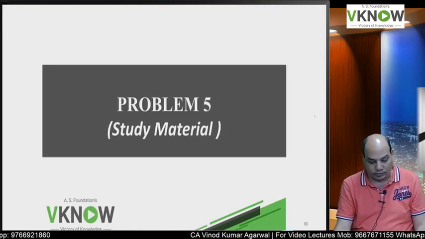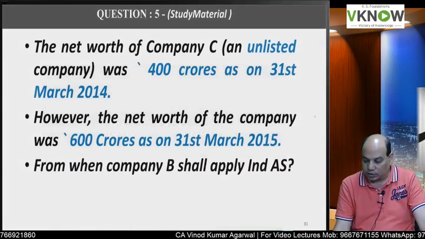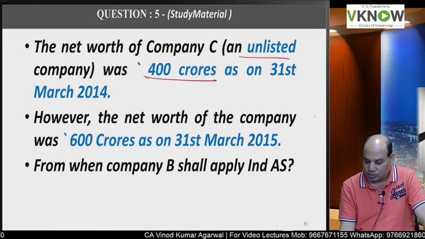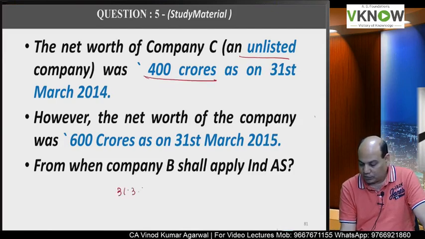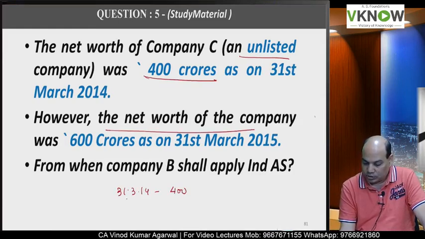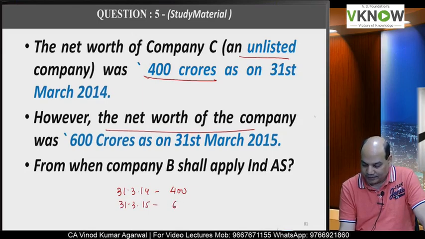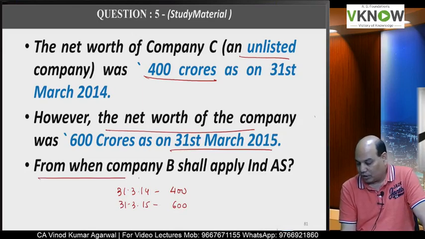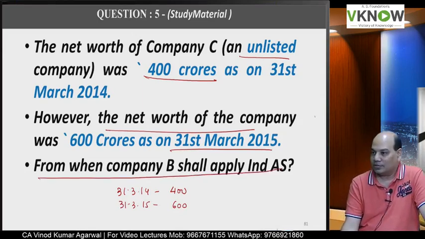Question number 5. The net worth of company C, again an unlisted company, was 400 crore on 31st March 14. The net worth was 600 crore on 31st March 15. From when will company C apply Ind AS?